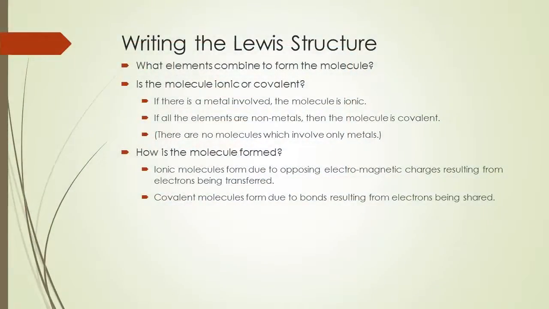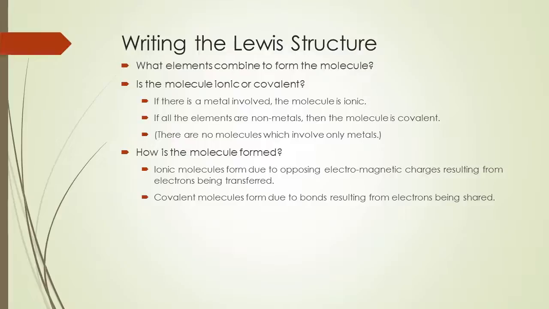So then, conceptually, how was it formed? If it's ionic, that's what I just described with sodium chloride. Electrons are given, not shared, given and received, complete the octets, opposite charges attract, and they're stuck together. In covalent molecules, meaning all nonmetals, electrons are shared.